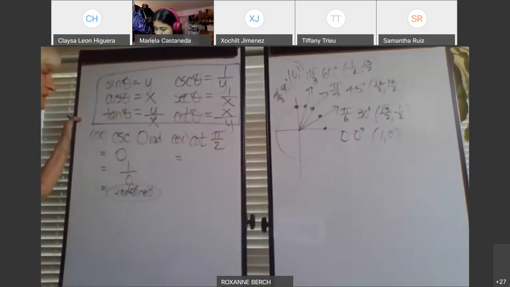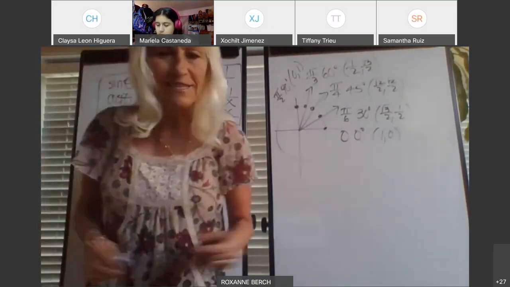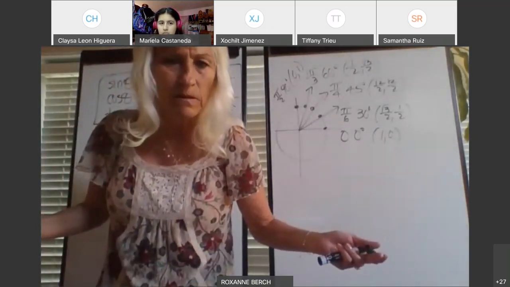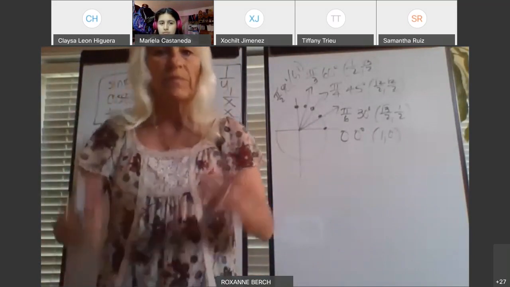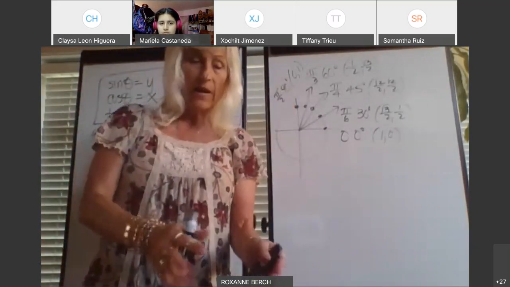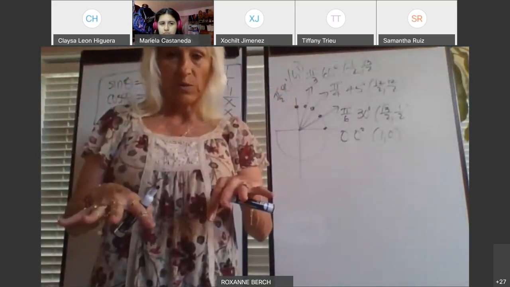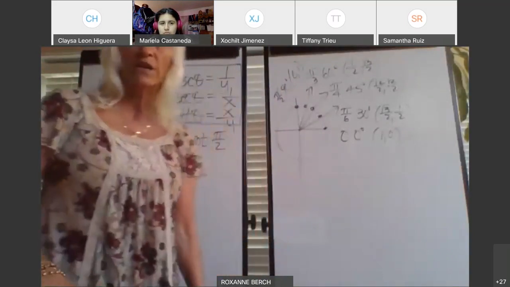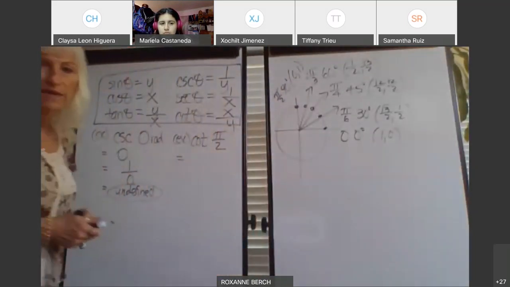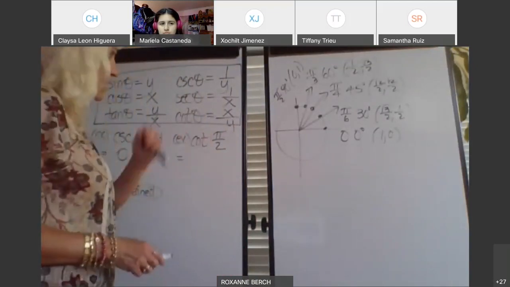Quadrantal. Well, you know, you're only going to memorize sine, cosine, and tangent because you know that sine goes with cosecant. Cosine goes with what? Secant. And tangent goes with cotangent. So if tangent is y over x, what's cotangent?